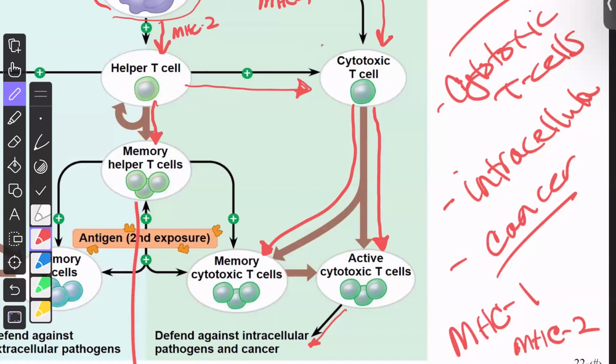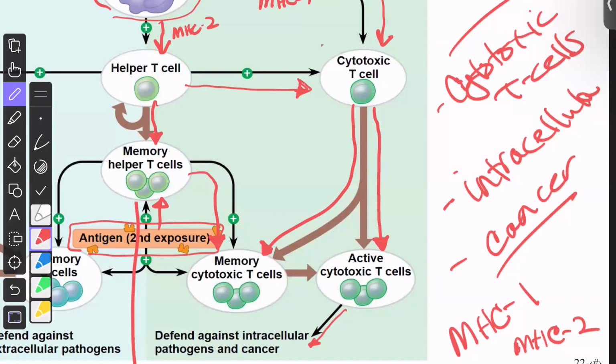So we're going to have helper T cells that remember that particular pathogen, so that if we get exposed a second time, we can activate or stimulate the memory helper T cells, which are going to stimulate the memory cytotoxic T cells.